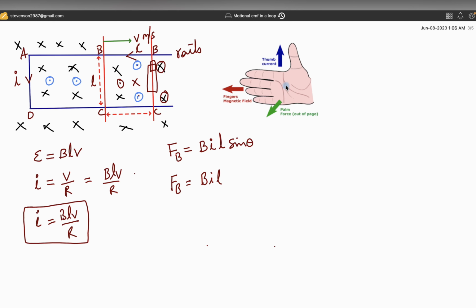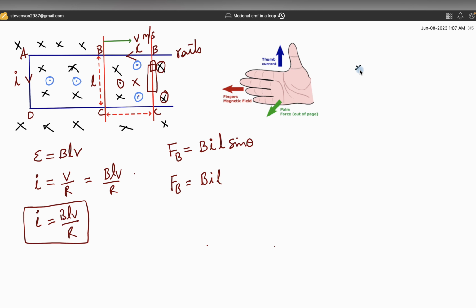Now there is a slight difference between the directions in the picture and the situation that we have. In the picture the magnetic field is towards the left, but in our case the magnetic field is going into the page. So your four fingers should be acting into the page, as it is shown in the direction of the magnetic field that we have.